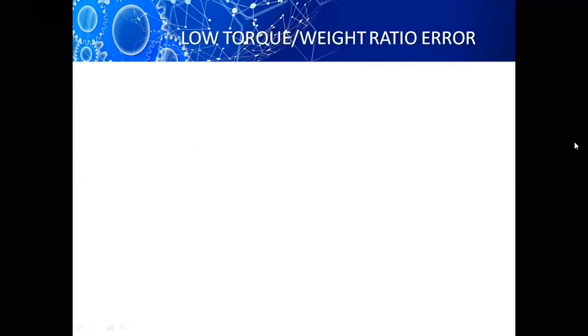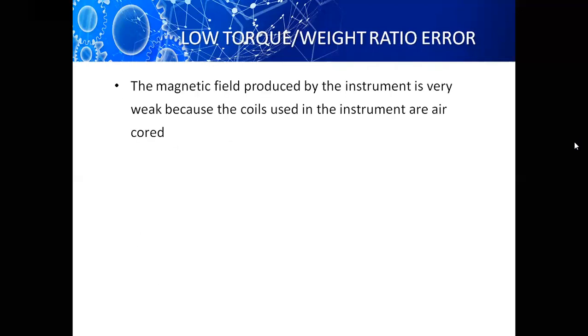Coming to the low torque to weight ratio error, the magnetic field produced by the instrument, let me show the pointer. The magnetic field produced by the instrument is very weak. Why weak? It is around 0.002 to 0.005 Weber per meter square. Very small. The reason behind it is we are just using a coil and giving very little current to the coil for production of the magnetic field.